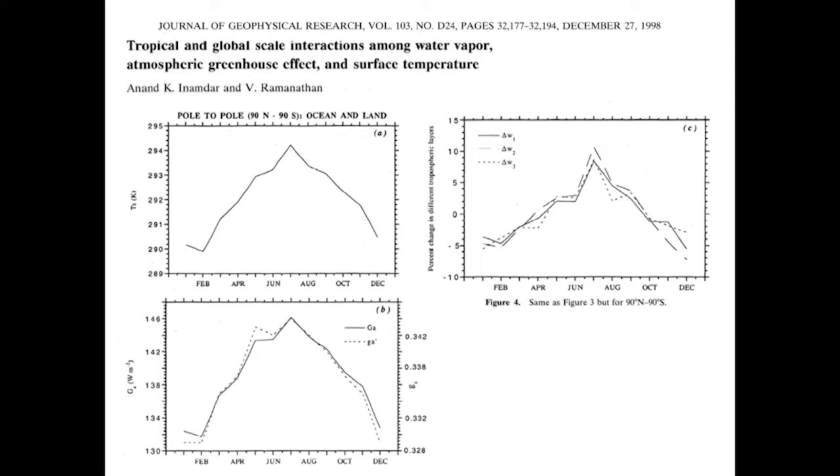Every year, when you integrate over the whole pole to pole, North Pole to South Pole, July is warmer by about 4 degrees than January, for a variety of reasons. But this is an established fact, and I have millions of observations from satellites. So we said, if this is true, 4 degrees, is July also more humid?